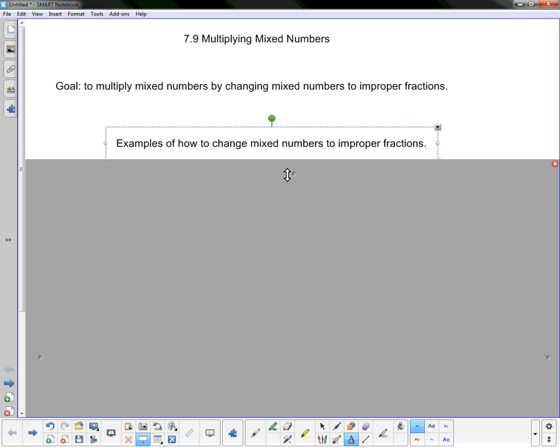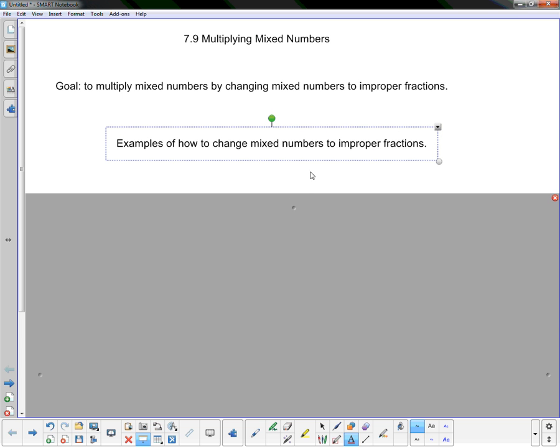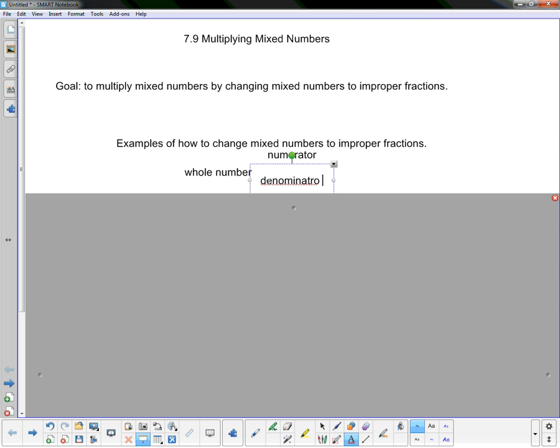And there's a few steps. The easiest way to remember this is that you have your whole number, and then you have your numerator, and then you have your denominator.